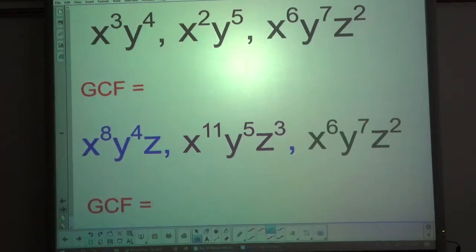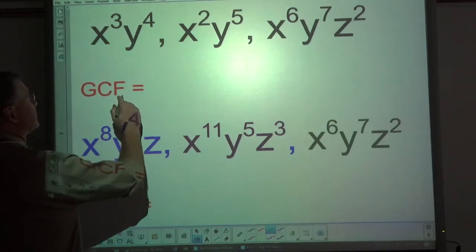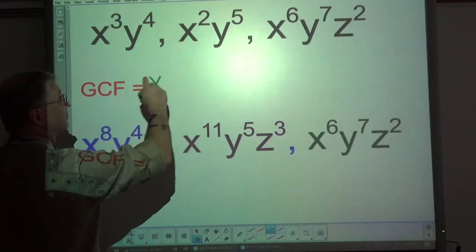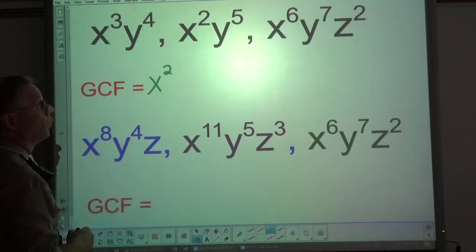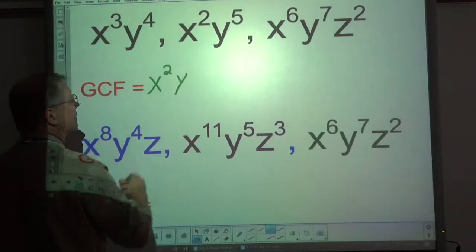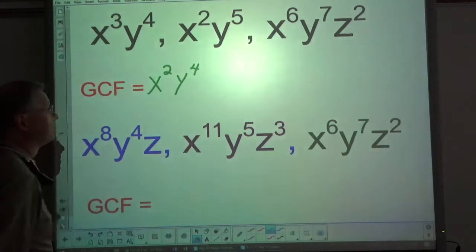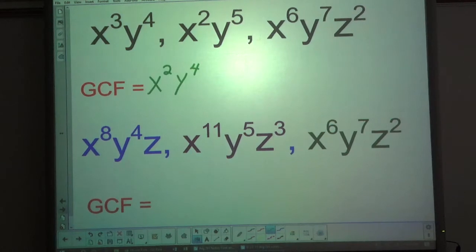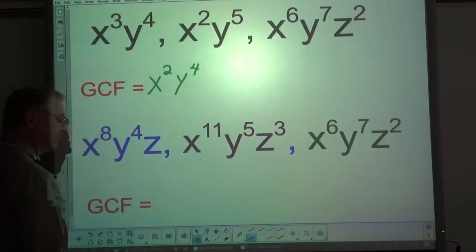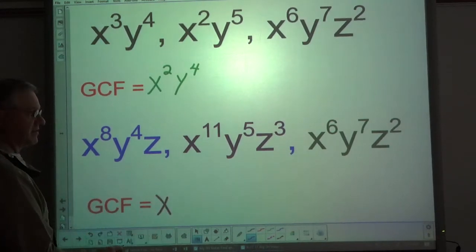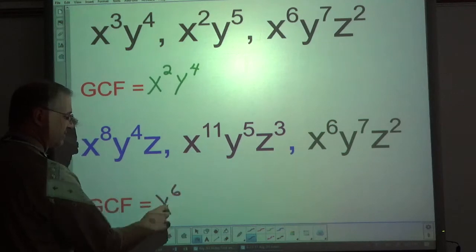All right, so hopefully you've done these and you did well. Here is the result. X is in all of these, so X, smallest exponent for X is 2. Y is in all of them, so I'm going to include that with the smallest exponent of 4. Z is not in all of them, so Z is not included. Down here, X is in all of them, so X, smallest exponent would be to the 6.